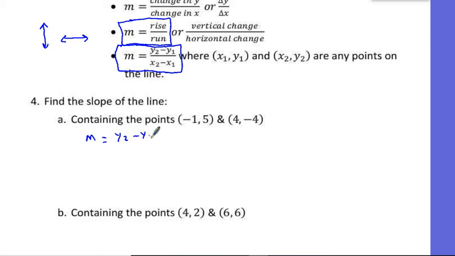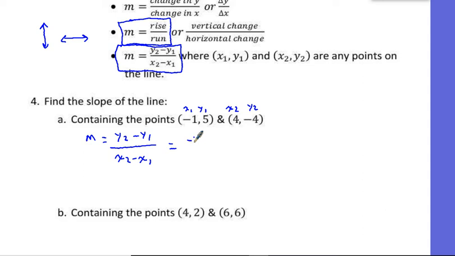This will give us a way of calculating the vertical change and the horizontal change, or the rise and the run. To help yourself cut down on mistakes as you begin this process, it's helpful to label x1, y1, x2, y2, and then substitute those values in.